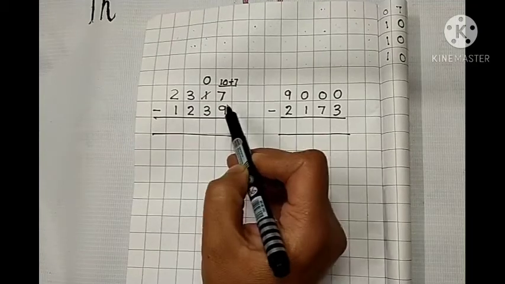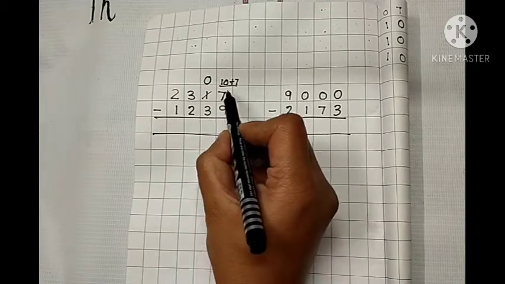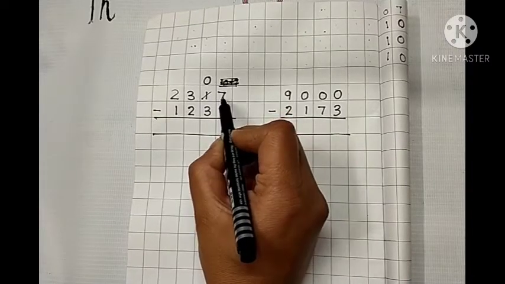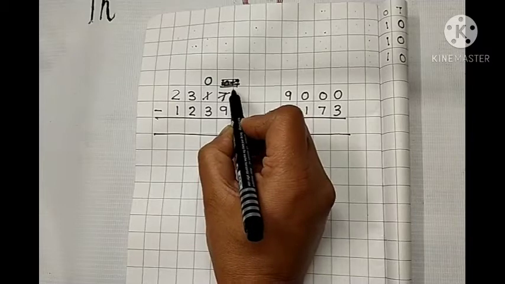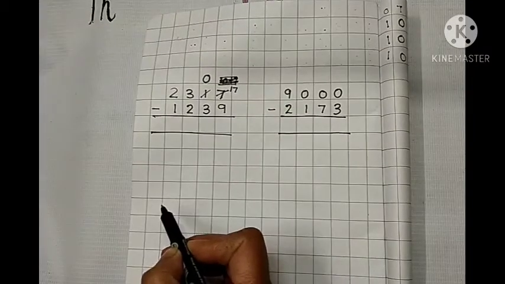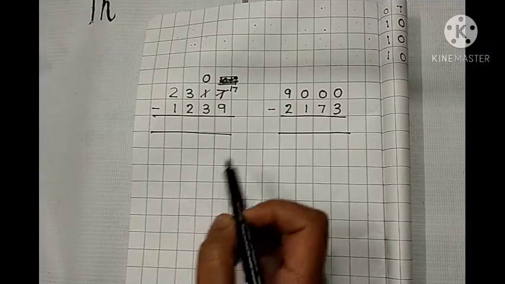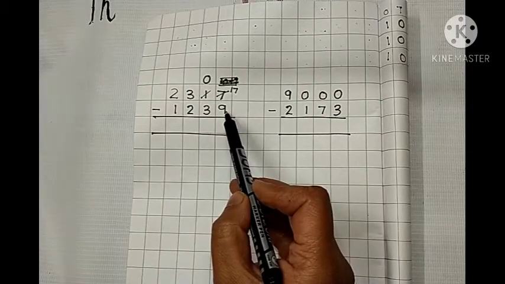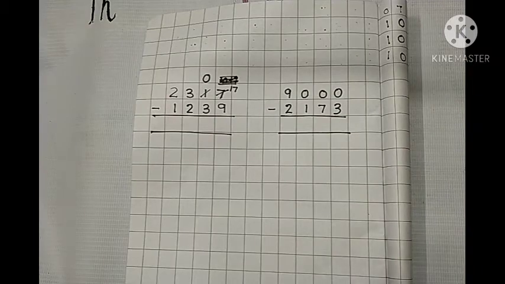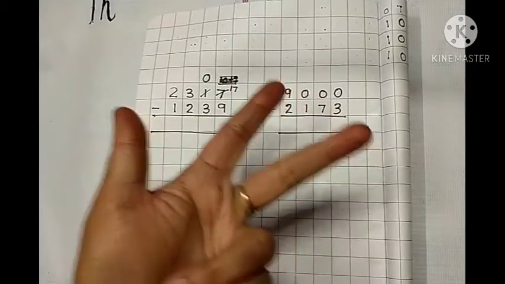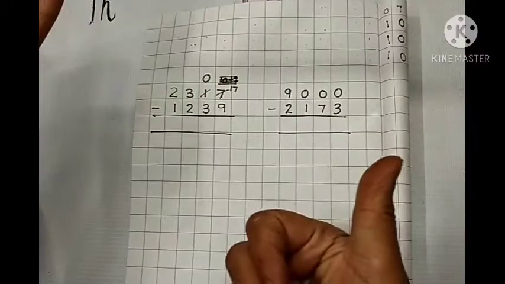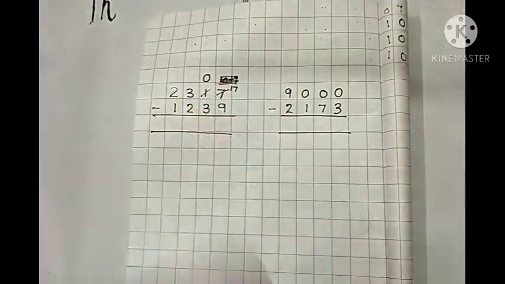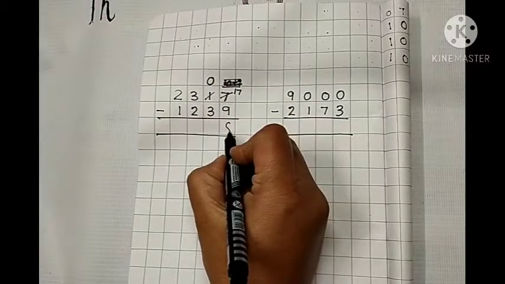Now we have 17 ones, so instead of this, write on the top that there are 17 ones we have. Now we can take out 9 ones. So 10, 11, 12, 13, 14, 15, 16, 17. So there are 8 we are left with.